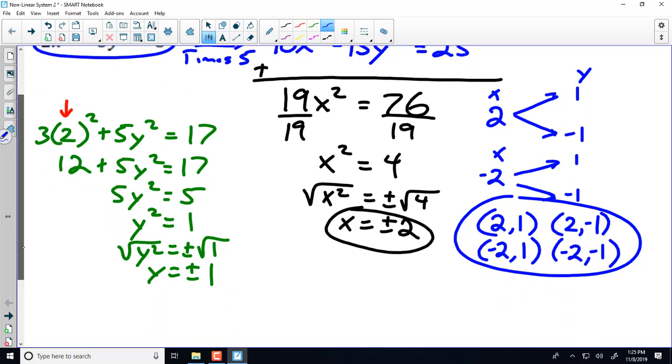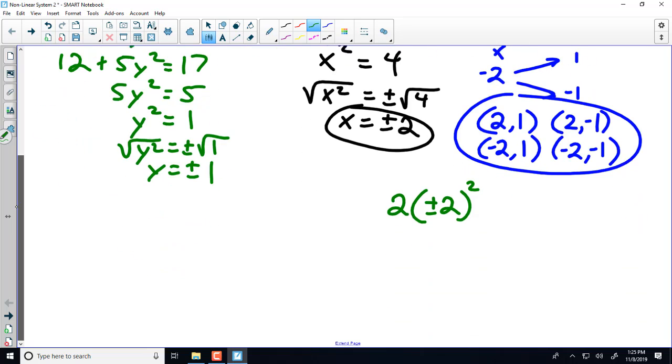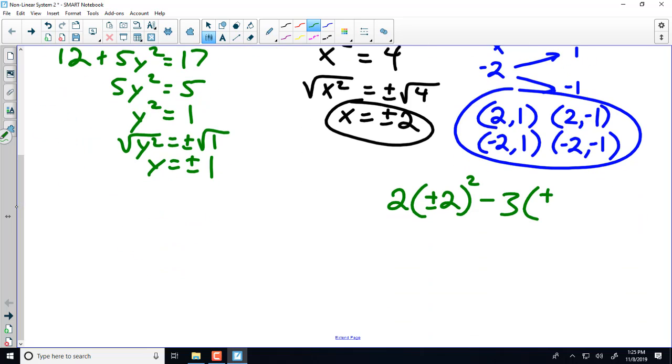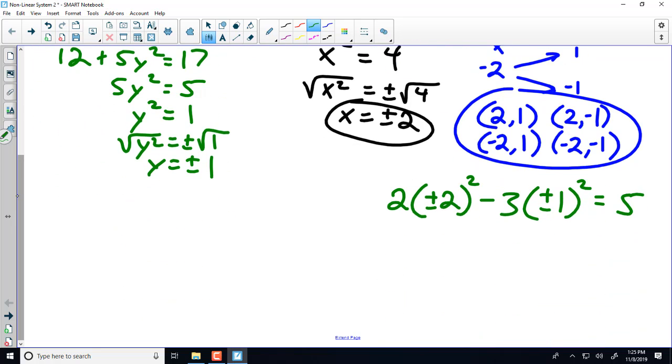So when you check it, it looks kind of funny, but you can basically check it like this: 2 times plus or minus 2 squared, minus 3 times plus or minus 1 squared, equals 5. 2 or negative 2 squared doesn't matter, it's going to be 4. 2 times 4 is 8. Plus or minus 1 squared is going to be 1. 8 minus 3 equals 5. So they do all check.